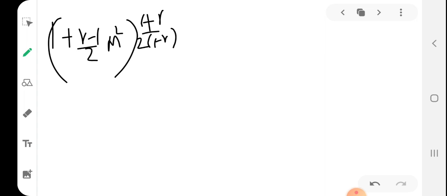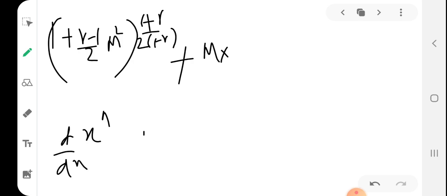So this is the first term, plus M into, so d by dx of x raised to n is n into x raised to n minus 1, right? That is what I am applying here.